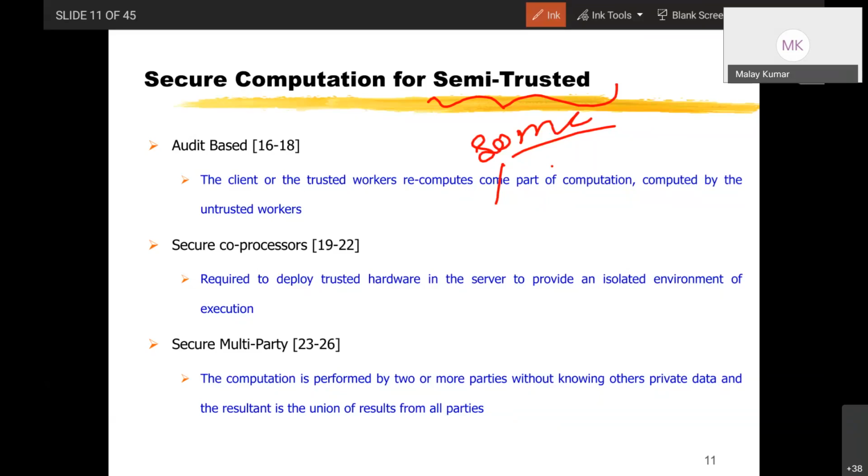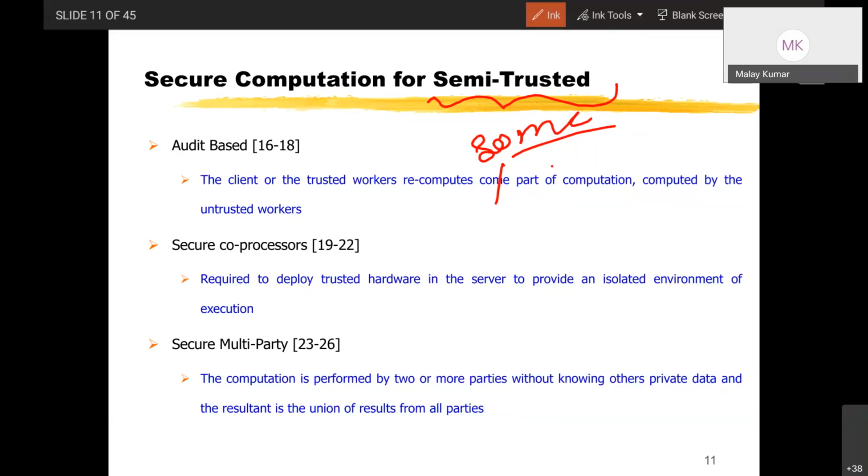Once the computation has been completed, out of that quorum, you choose some trusted workers, four or five, and as a client you become the leader of that group. You then perform a recomputation and produce the result, and then you compare the results. In this way, an audit-based computation is performed.